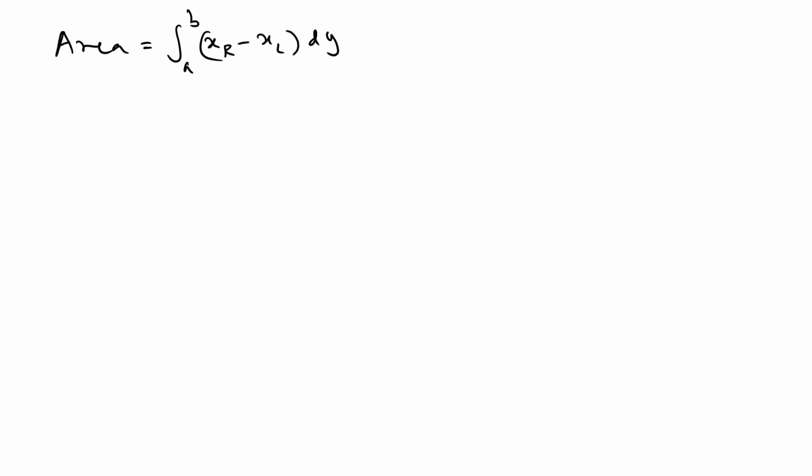That means everything has to be in terms of y. That's why we solve for x, because you can't integrate this otherwise. Okay, let's plug in here. It is -1 to 3, the right curve is y minus 1, minus the left curve, 1/2 y squared minus 5, dy. You can see everything is in terms of y.